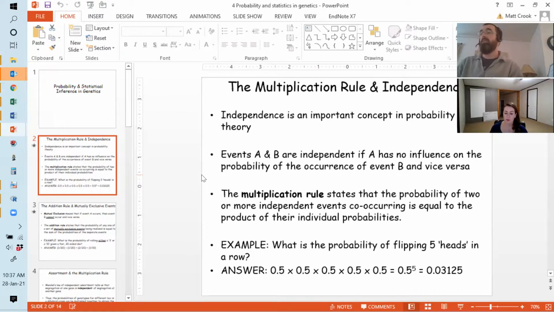So the probability of having two girls is half times a half, which is a quarter.